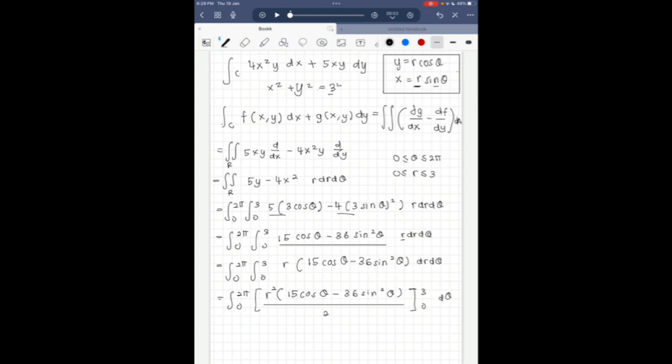Then substitute r with the given limits, which are 3 and 0, and minus 0, because when we substitute 0, r will be 0.